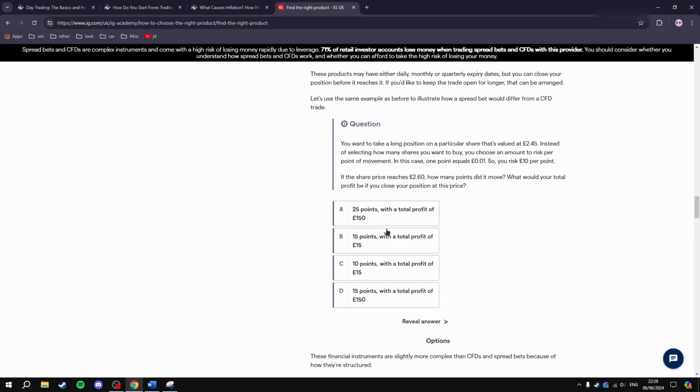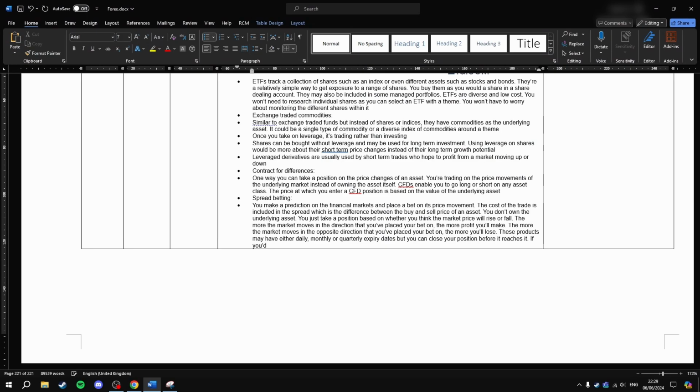If you would like to keep the trade open for longer, that can be arranged with your spread better.